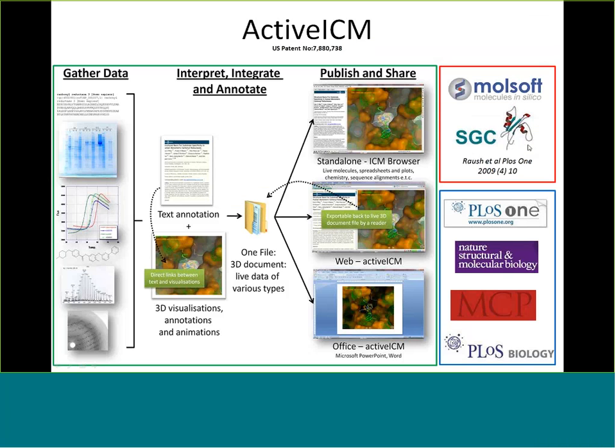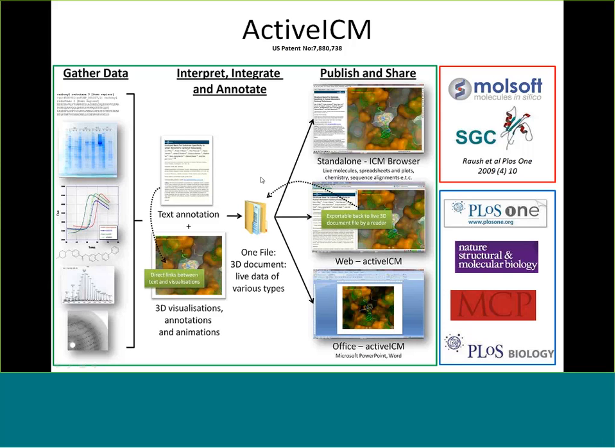The Structural Genomics Consortium are still producing lots of structures, and they don't necessarily have time to publish them in traditional journals. So they wanted a way to get fully annotated structures out to the general public as soon as possible. So we worked with SGC to develop this active ICM concept.